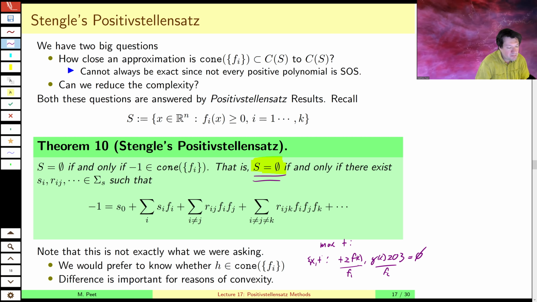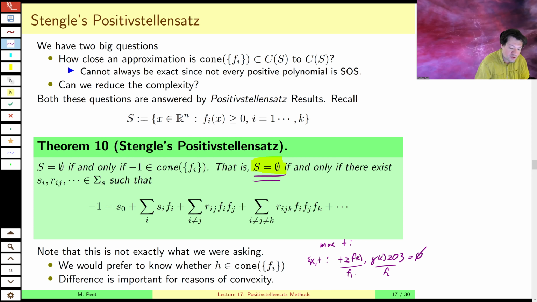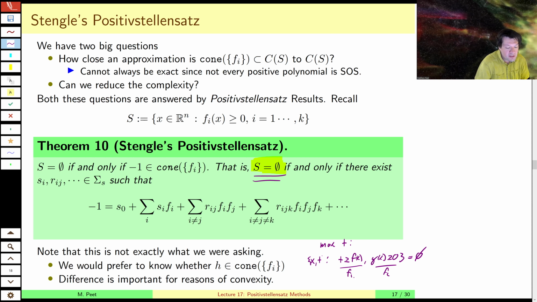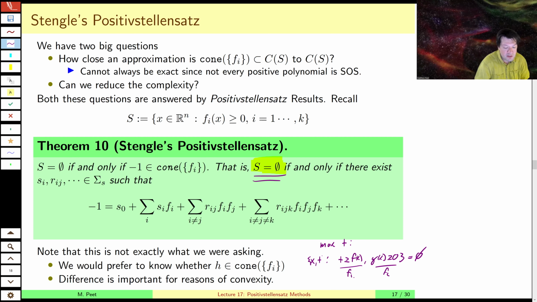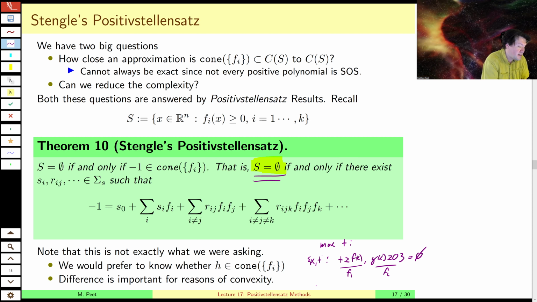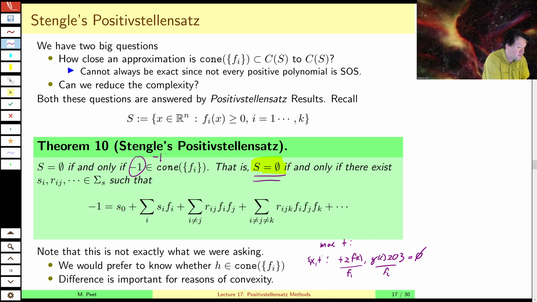And what the Positivstellensatz is trying to do is take those truths, that they're true at a point, and use logical deduction to try and determine whether the conclusion of those assumptions or those statements is that -1 is greater than or equal to 0.